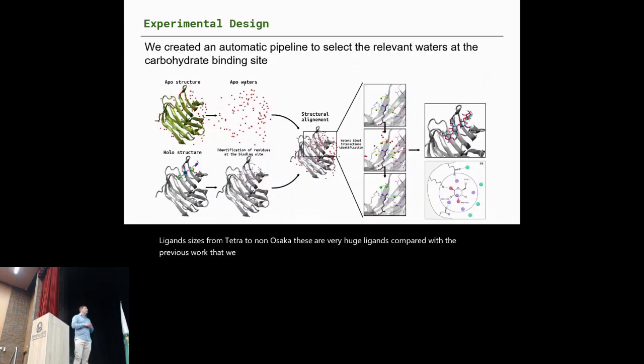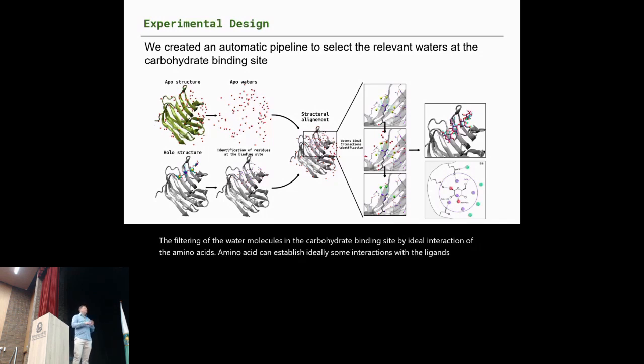And in order to create an easy way to select those waters that can be replaced by the hydroxyl or polar groups in the carbohydrate binding site, we developed a pipeline based on filtering the water molecules in the carbohydrate binding site by ideal interaction of the amino acids. Amino acids can establish ideally some interactions with the ligands.